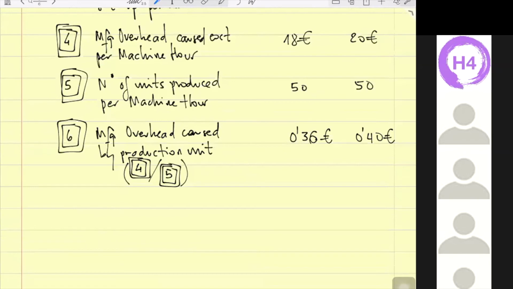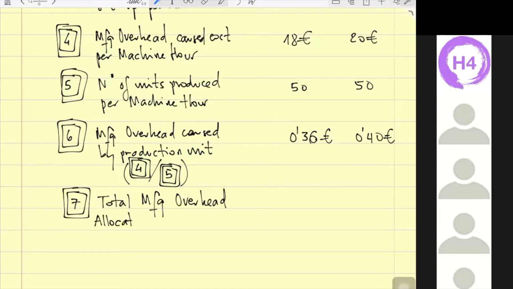And number 7 is the total manufacturing cost overhead allocated per unit. This is 0.46 euro and this is 0.40 euro. Okay.